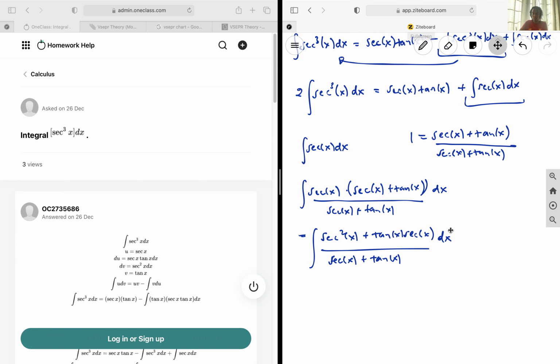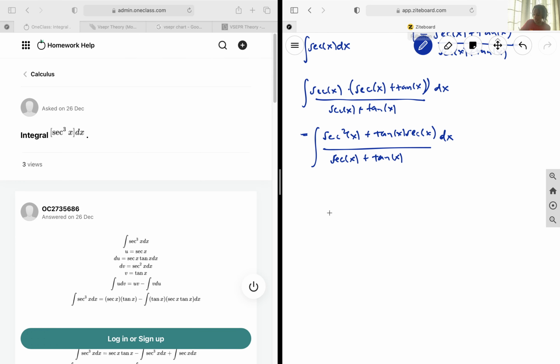And then we go about solving this by setting u equal to tan x plus secant x, which means that du over dx is going to give us secant x multiplied by tan x plus secant squared x, which is exactly what we need for it to cancel, because this will mean dx is equal to du over all of that.